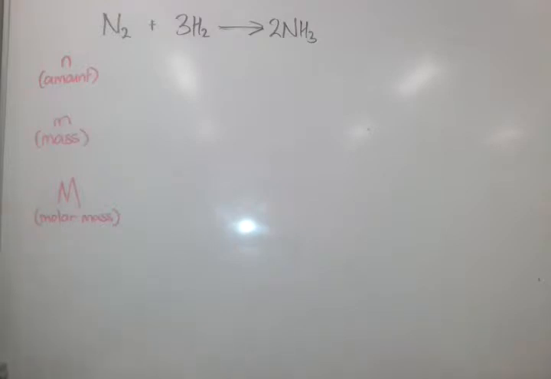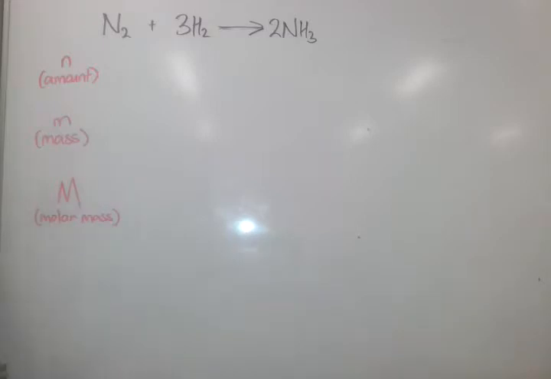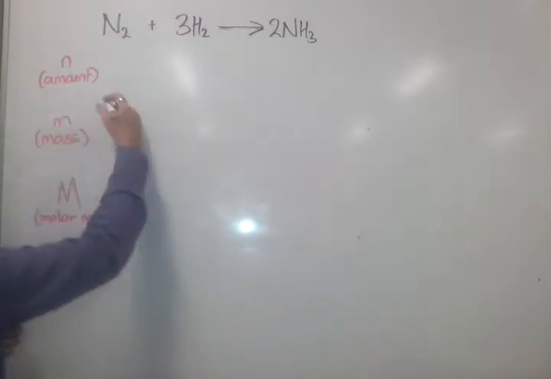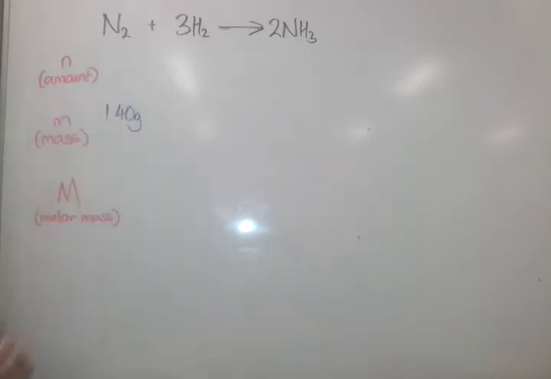So what I'm going to do is I'm assuming this reaction goes to completion, which it actually doesn't, if I'm going to do some research. We're going to go through some information. So we're going to say that, first of all, we're going to start with 1.40 grams of nitrogen. That's what we're going to react.